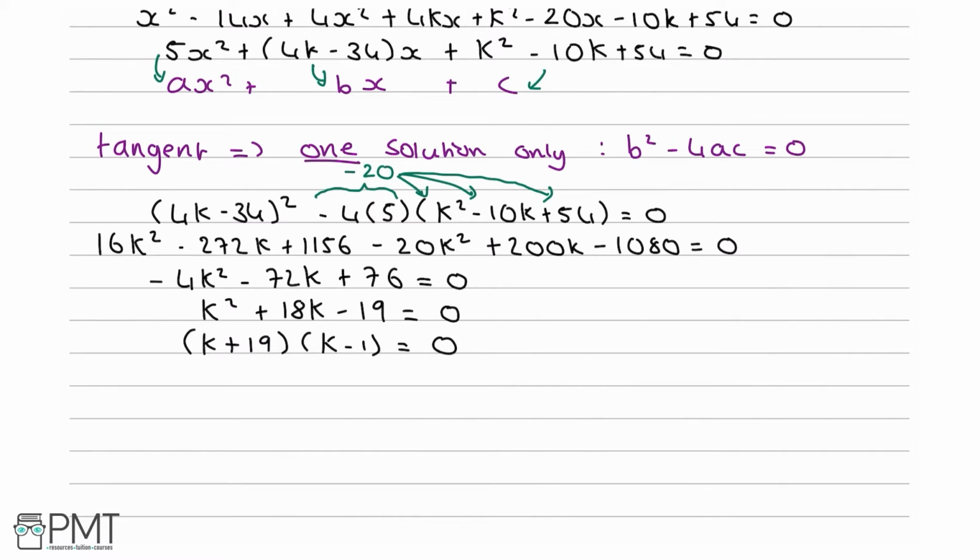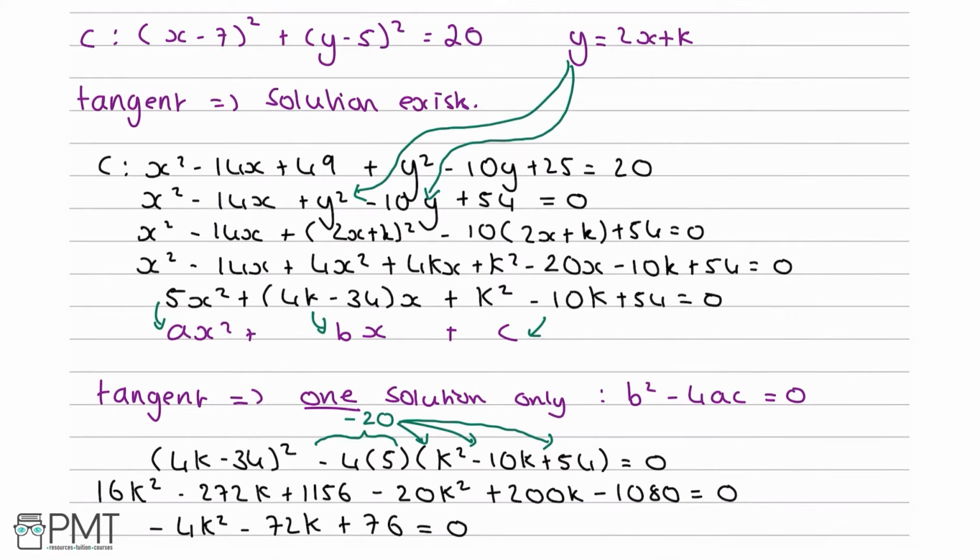Okay? So from here, either k plus 19 equals 0 or k minus 1 equals 0. Well, if k plus 19 equals 0, we have k equals minus 19. If we have k minus 1 equals 0, we have k equals 1.